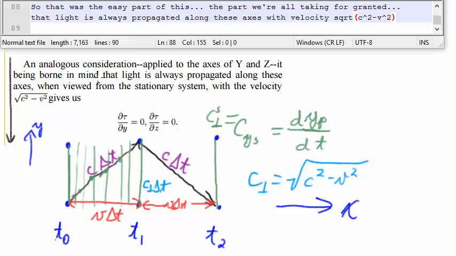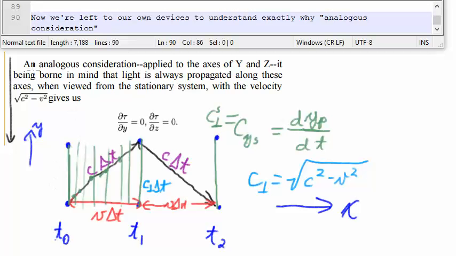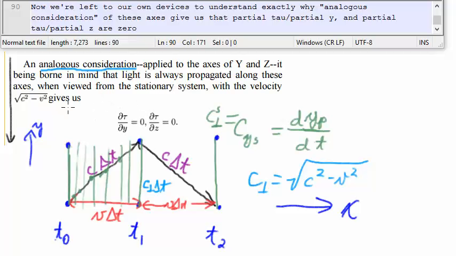That was the easy part, the part we're all taking for granted: light is always propagated along these perpendicular axes at the square root of c squared minus v squared.